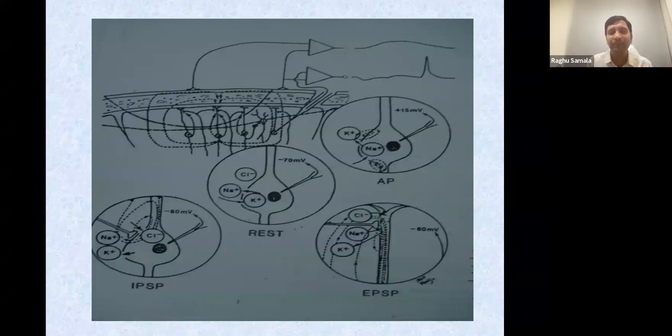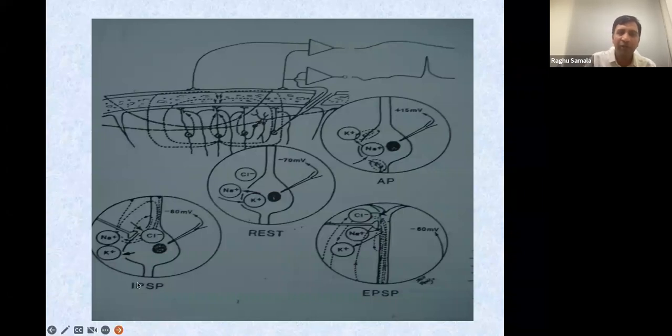If you have multiple excitatory postsynaptic potentials, you record another kind of waveform. But because of the lot of barriers between the actual generation and the recording, it may not reflect the accuracy as it is at the basic level.